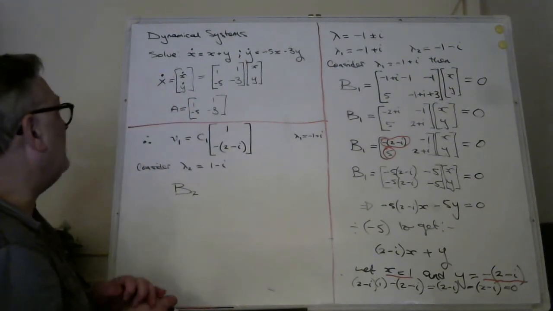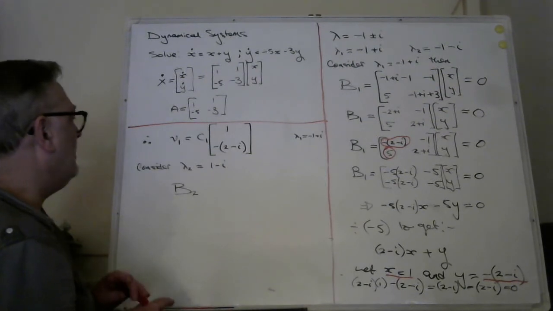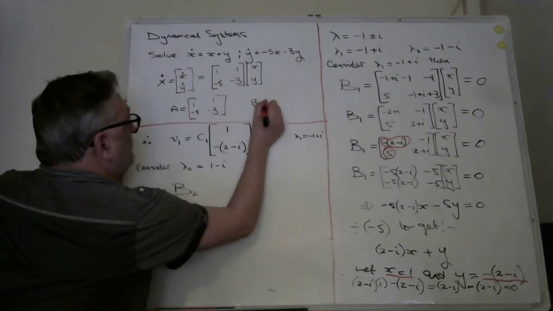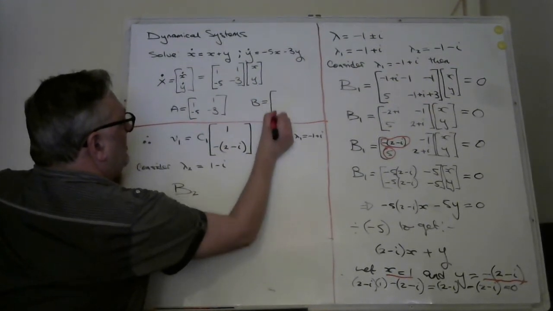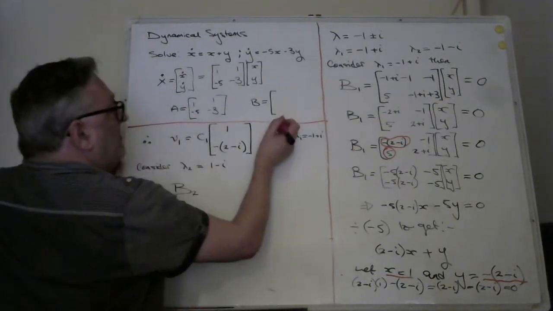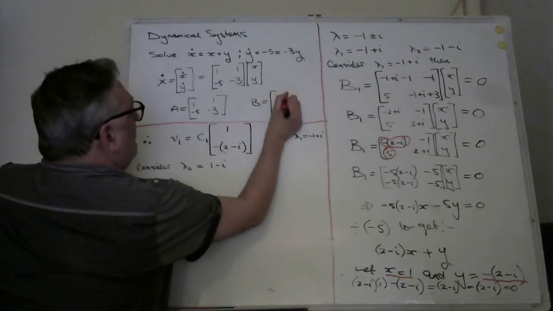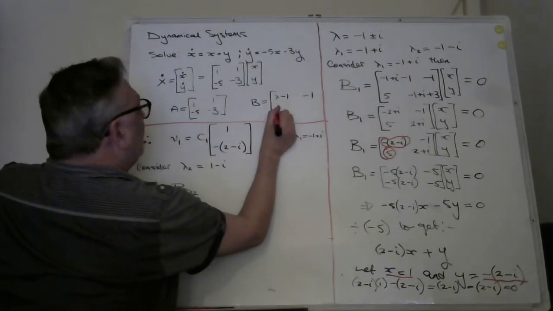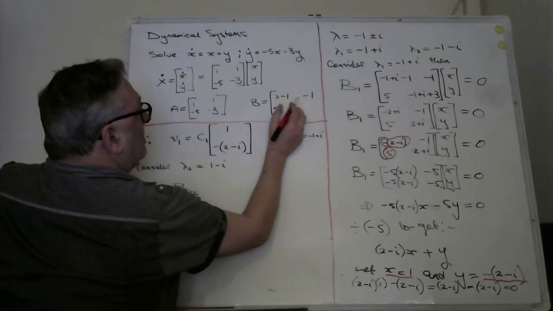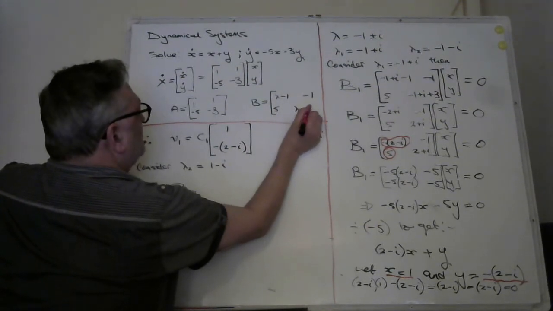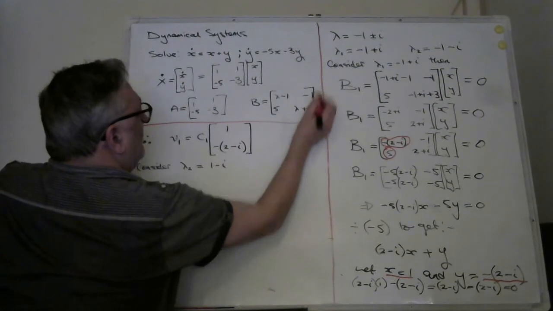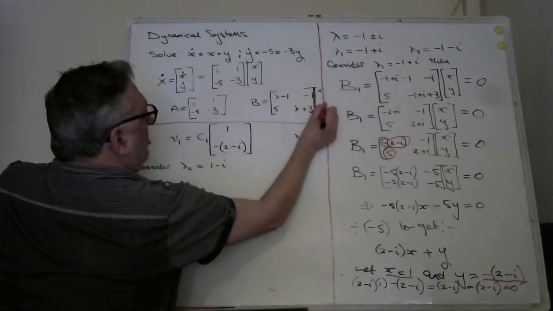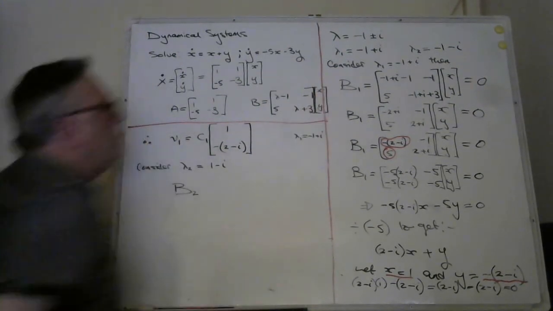So if we substitute lambda into, I'll write it down here, B was equal to the matrix with entries lambda minus 1, minus 1, 5, lambda plus 3, times our vector xy. That was B, right?